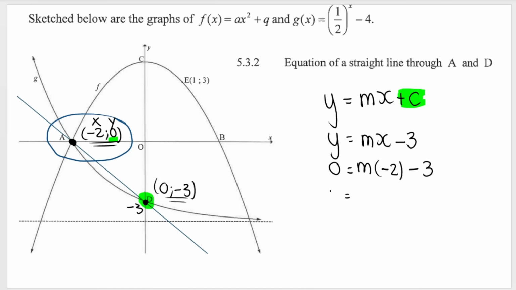So take it over, it becomes plus 3. 0 plus 3 is 3. And then we've got m multiplied by negative 2, which is negative 2m. Still, m is not by itself. To get m by itself, this is times negative 2, so we need to divide by negative 2. So that's my gradient.